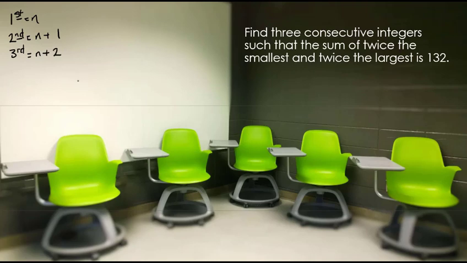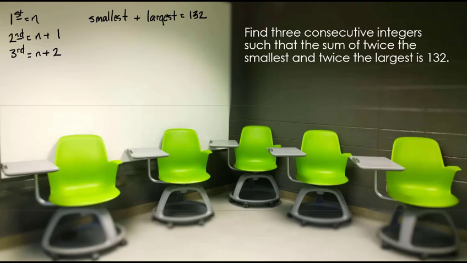And we're asked to find 3 consecutive integers such that the sum of twice the smallest and twice the largest is 132. So I've got to take the smallest, but it's not just the smallest one, it's not just the largest one.